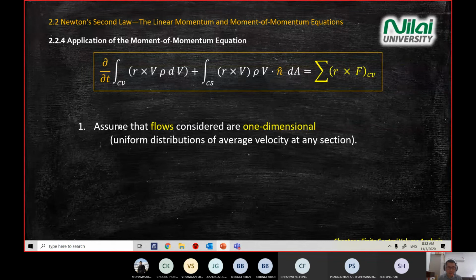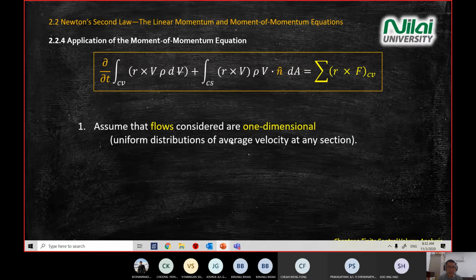What does this statement mean? It means that we always like to simplify our analysis. It's easier for us to consider our flow as one-dimensional in a uniform setting, meaning our flow has a uniform distribution and we use average velocity in our calculation.